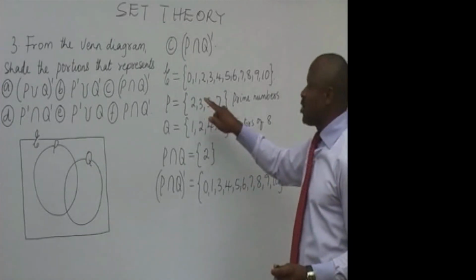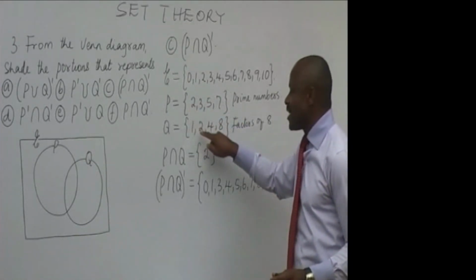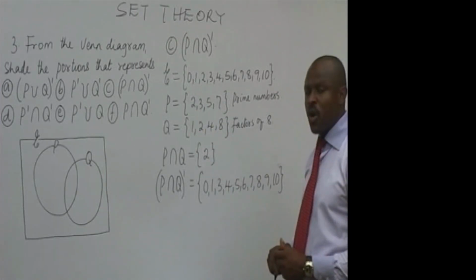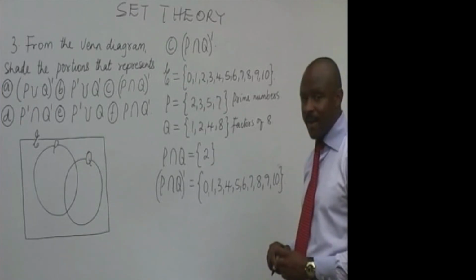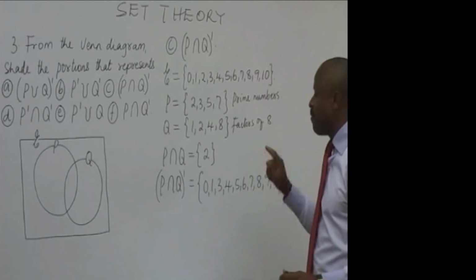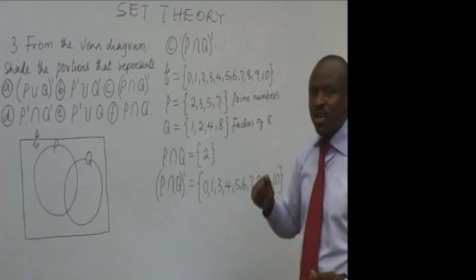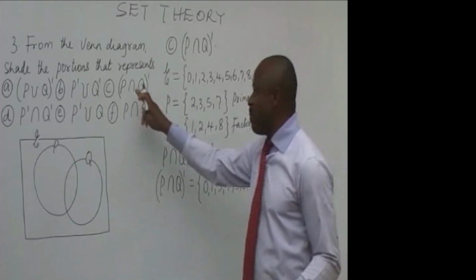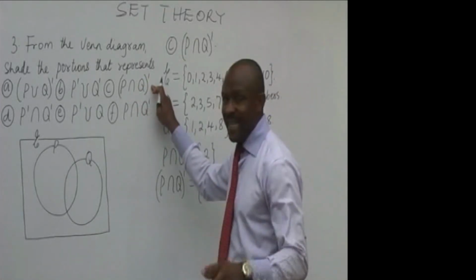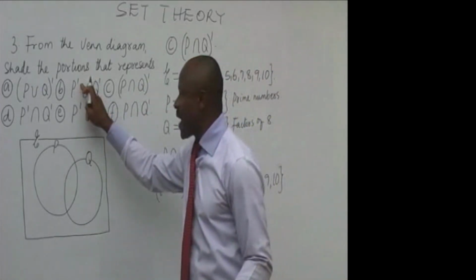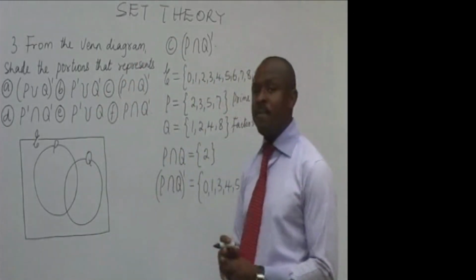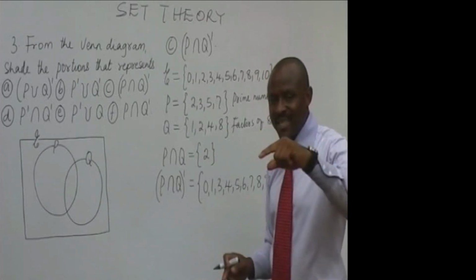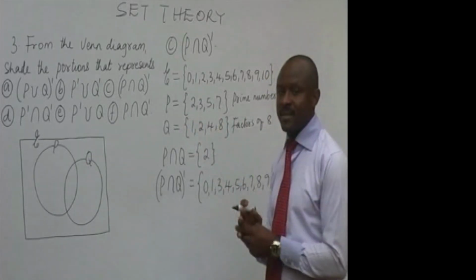And it is that 2 that is P intersection Q. So if you want to shade your Venn diagram, you are going to avoid P intersection Q. What this is showing us is that P intersection Q prime is the same thing as P prime union Q prime, because you will shade and avoid P intersection Q in both cases.